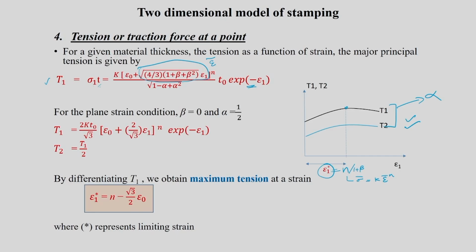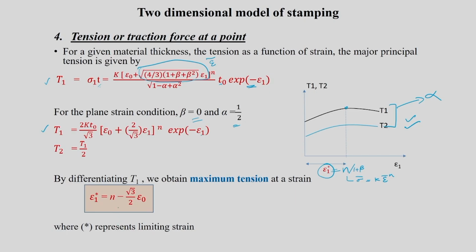Now when beta is equal to 0 and alpha is equal to half, this equation reduces to 2 by square root of 3, into K, t naught, into (epsilon naught plus 2 by square root of 3 into epsilon 1, which you already derived) power n, exponential minus epsilon 1. In this way you can get T1, and T2 would be T1 by 2, because alpha is equal to half, right?